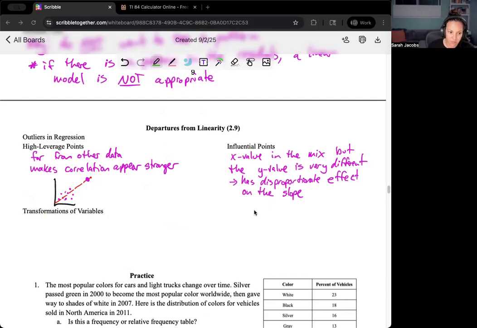Okay. So what that might look like is we have a bunch of data, but then we have this one wacky point down here. So normally the slope's going to be like that. But because of this data point, we're going to get a slope that gets pulled much steeper in this case by that data point.